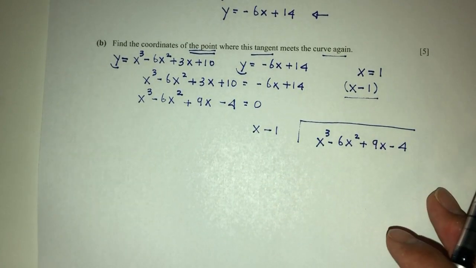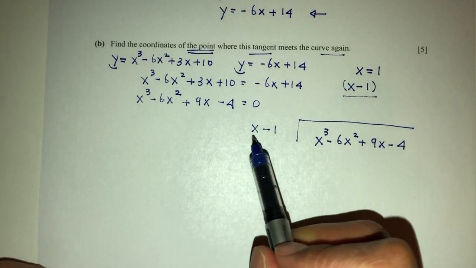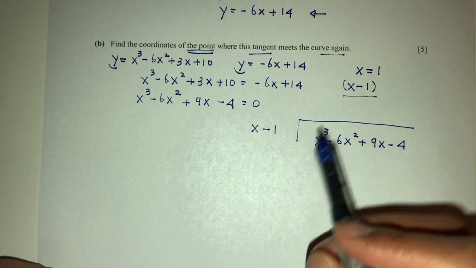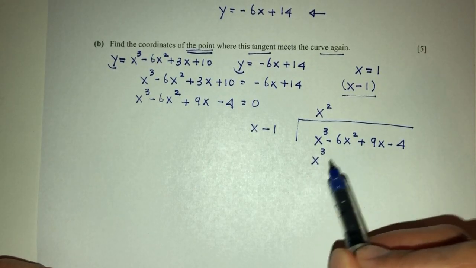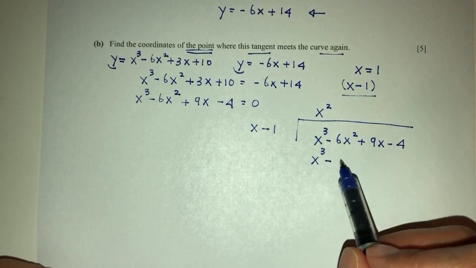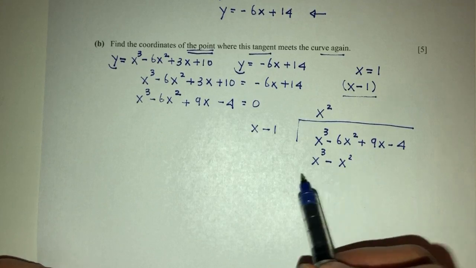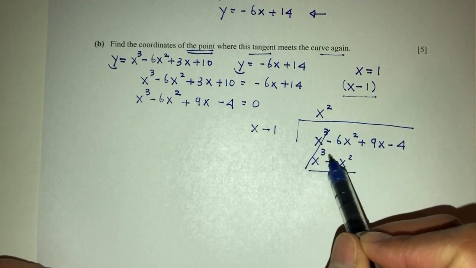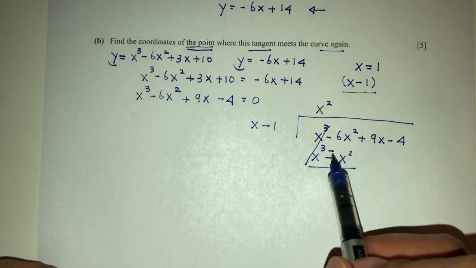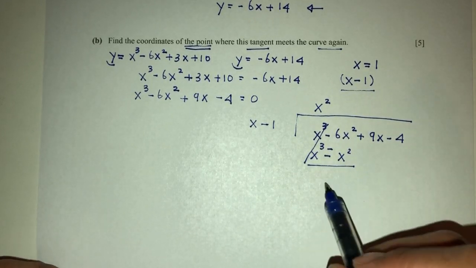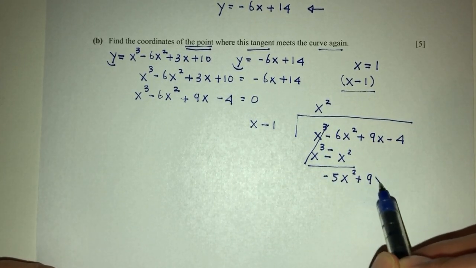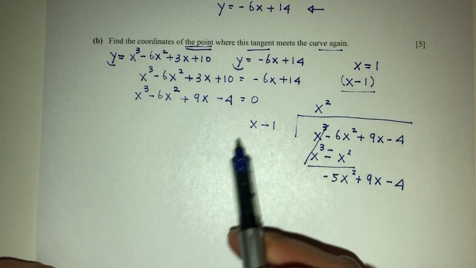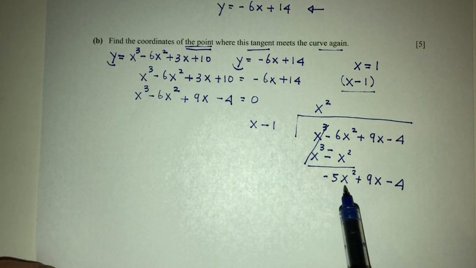Now let's do this. First thing is, how can you make x become x^3? You have to multiply by x^2. So you have x^3 minus x^2, simplify, this will go away. Now -6 minus -1, minus minus becomes plus, that will be -5x^2. Now how can you make x become -5x^2?